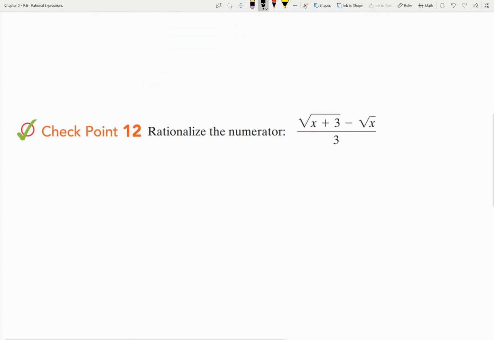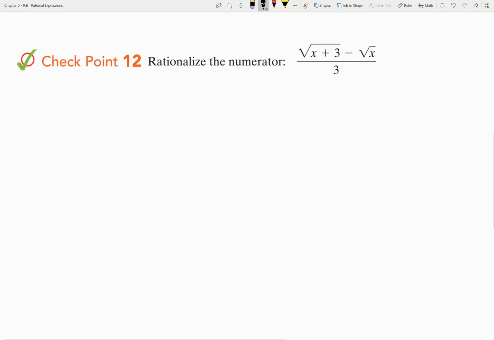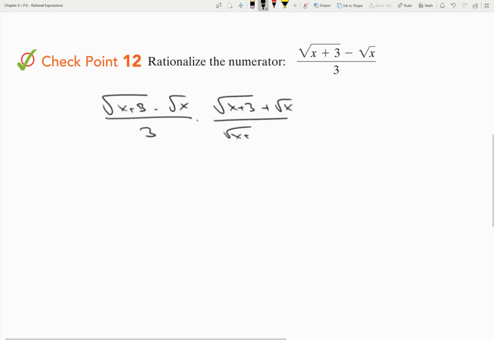Let's do one more and we'll wrap this up. So we get the square root of x plus 3 minus the square root of x, over 3. A little easier here because there are no h's. And we're going to just multiply by the conjugate of the numerator, giving me x plus 3 minus x over 3 times all this stuff.